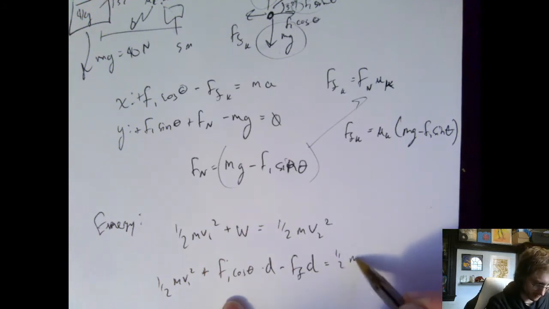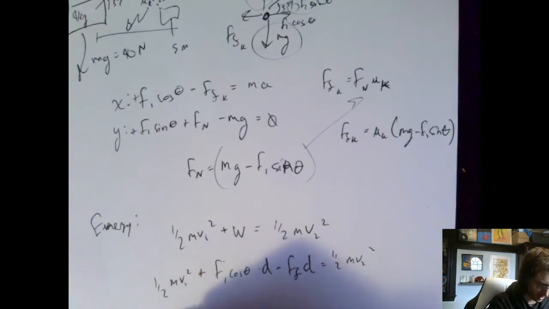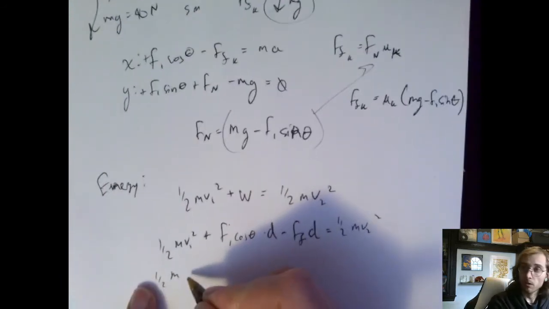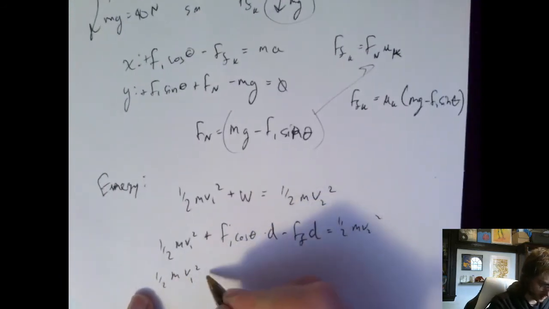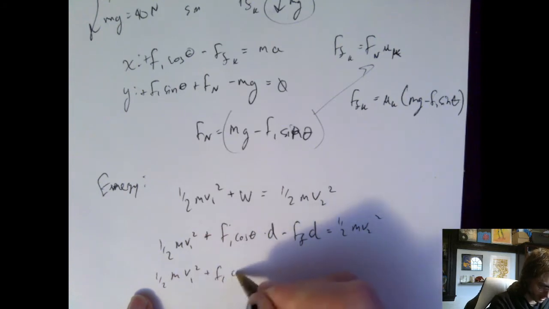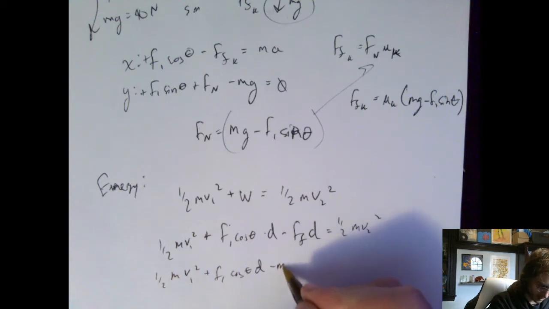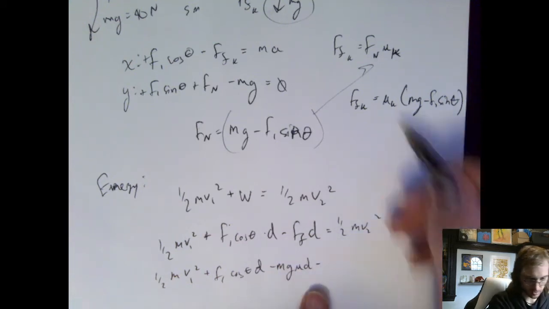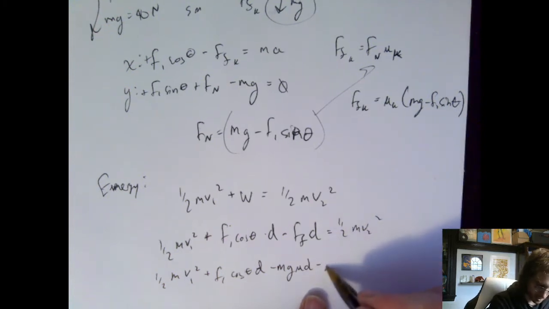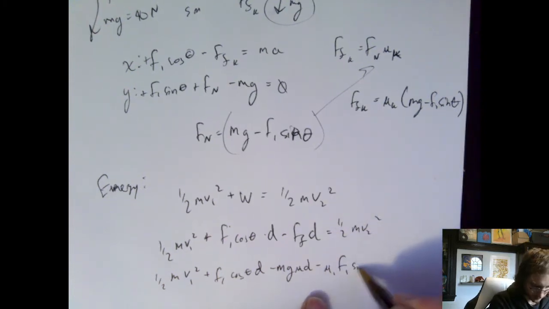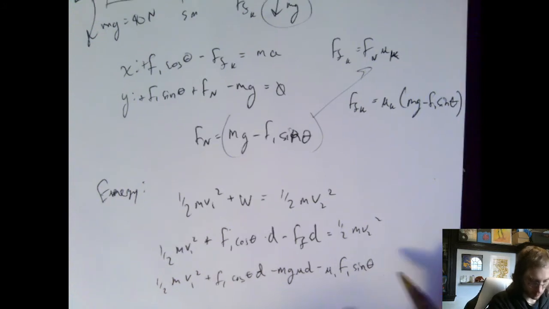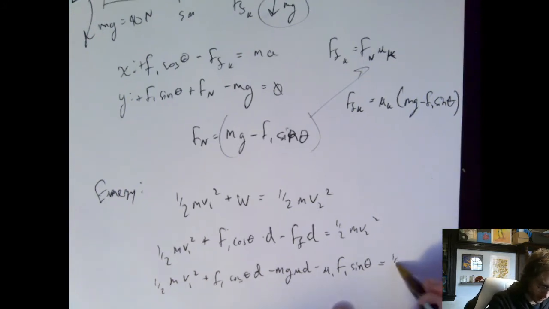It will equal 1/2 mv2 squared. If I go ahead and plug in for my earlier force of friction, we'll get 1/2 mv1 squared plus F1 cosine theta d minus mg mu d minus, and I'm distributing the mu out, mu F1 sine theta d will equal 1/2 mv2 squared.